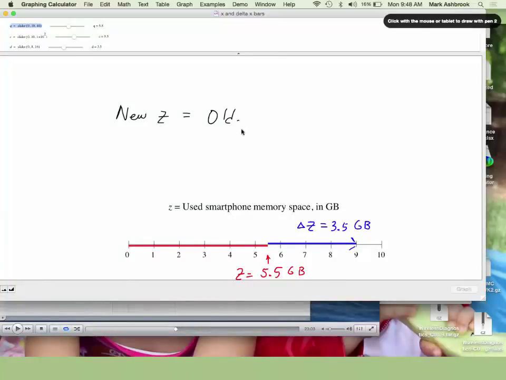That should make perfect sense, right? You start at some value of the variable z. If you add whatever the change is, then you're going to get the new value of z.